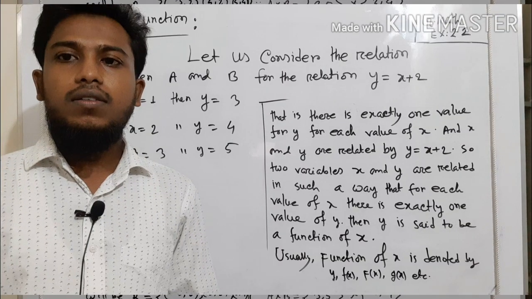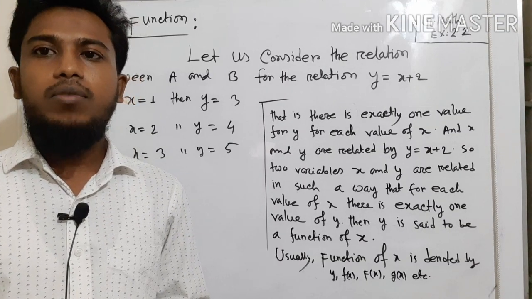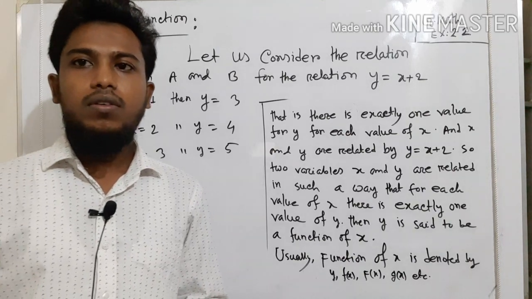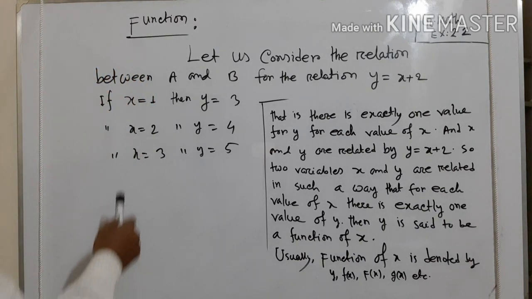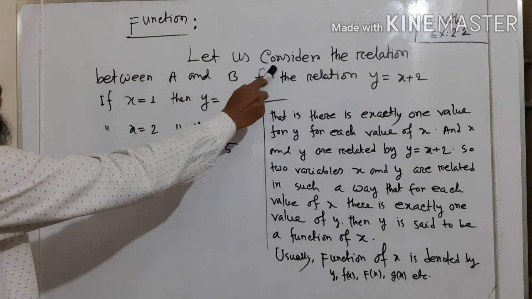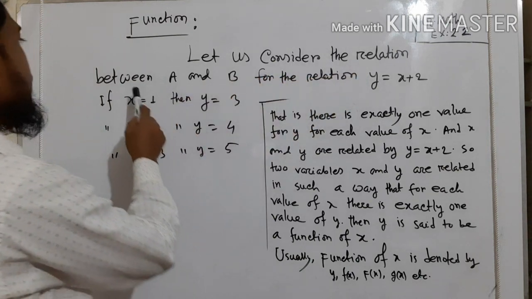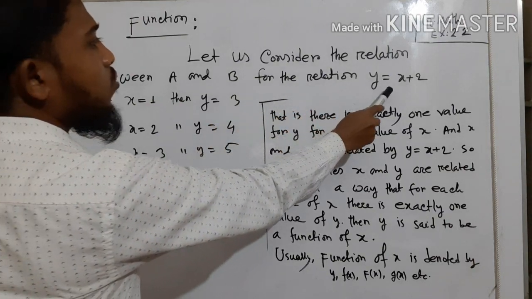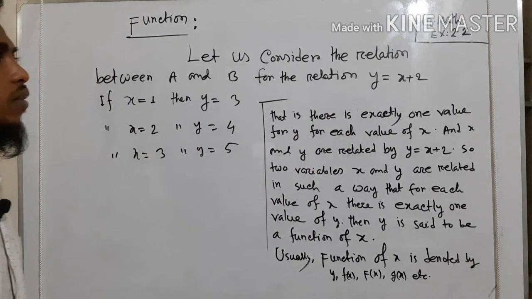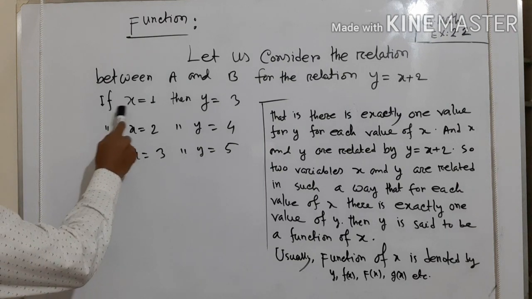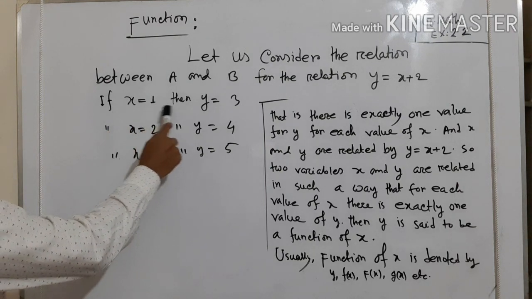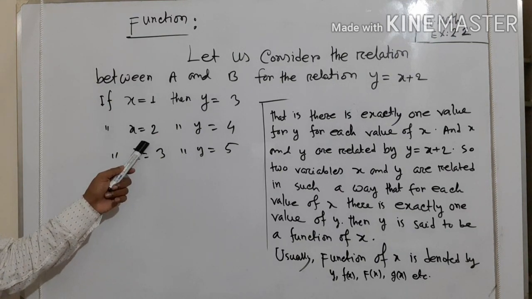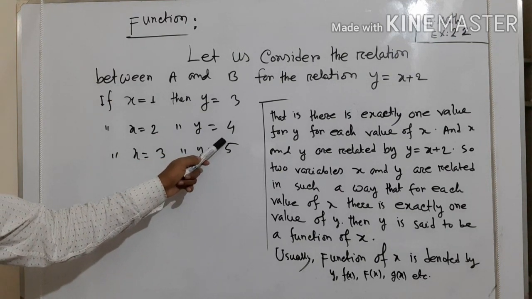My dear students, now I will give you a definition of function by an example. Look, let us consider the relation between A and B for the relation y equal to x plus 2. If we put x equal to 1, then y equal to 3. If x equal to 2, then y equal to 4.